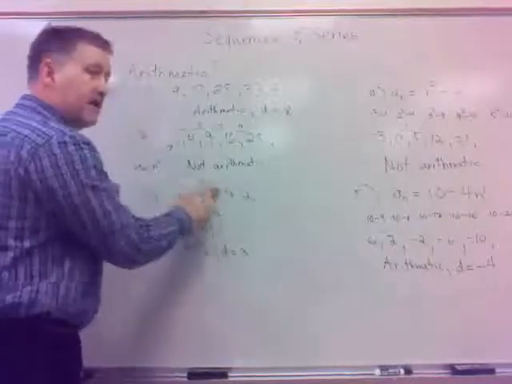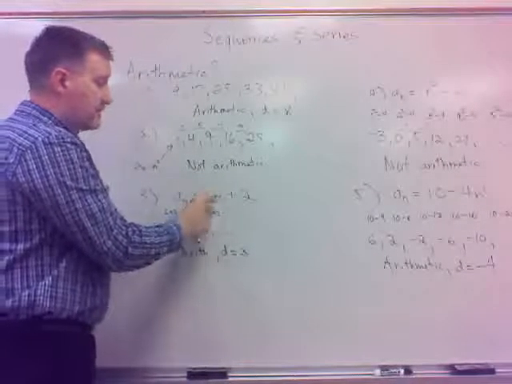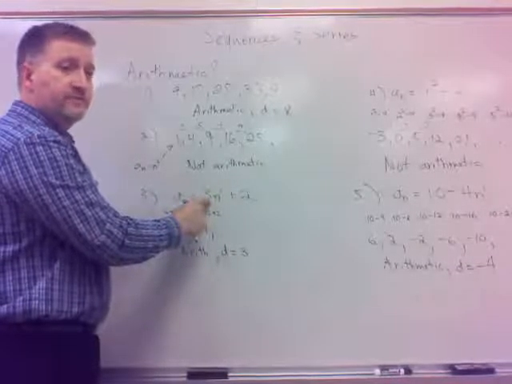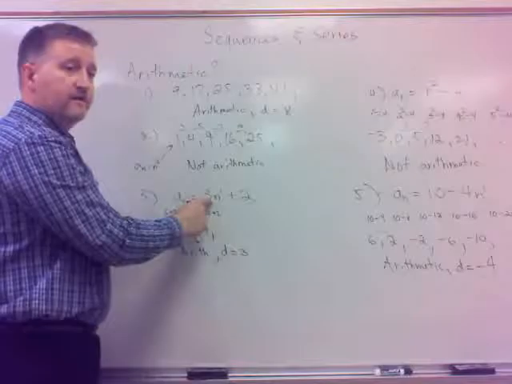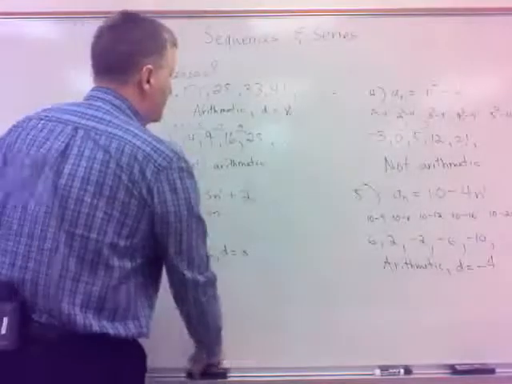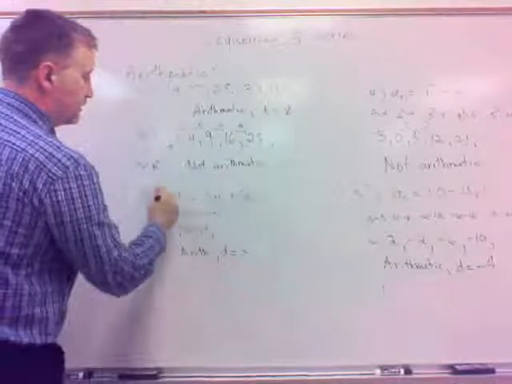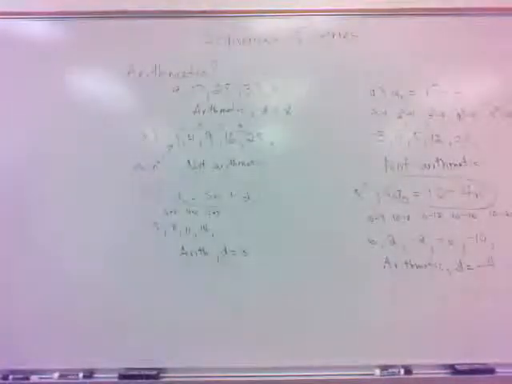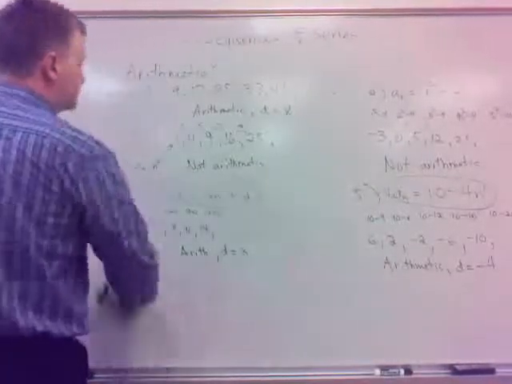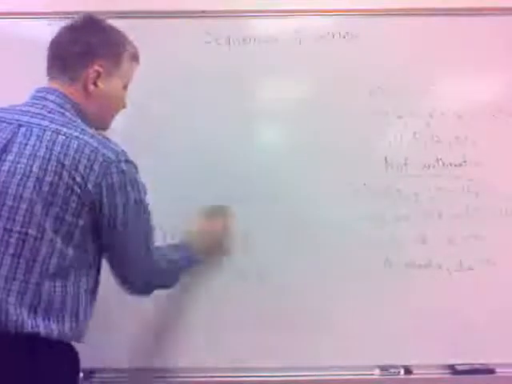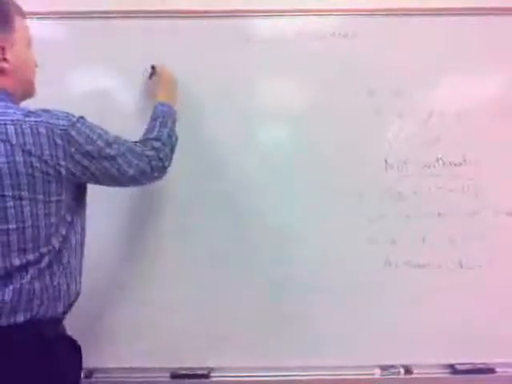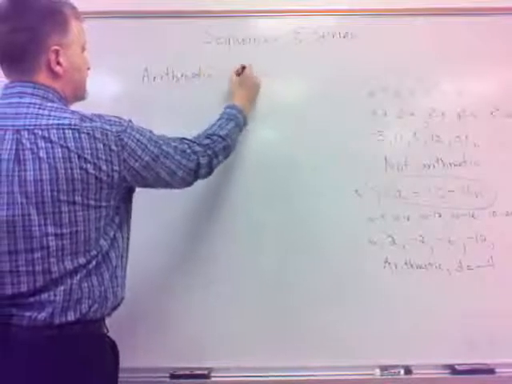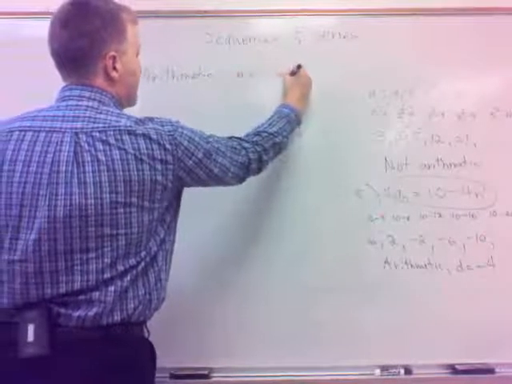To be arithmetic, the generator needs to be linear. You know what I mean? To the first degree? Yeah. Arithmetic sequences are linear when you write out their equations, if you will, the generator there. Yeah, arithmetic sequences are linear. First degree, first power.